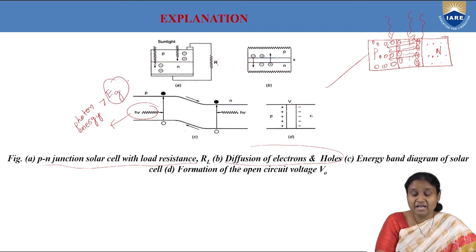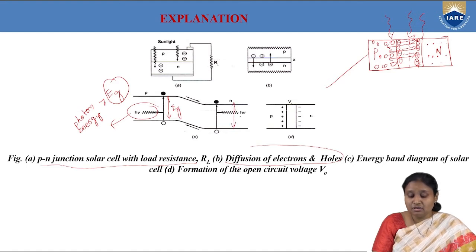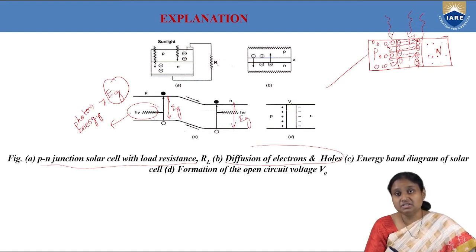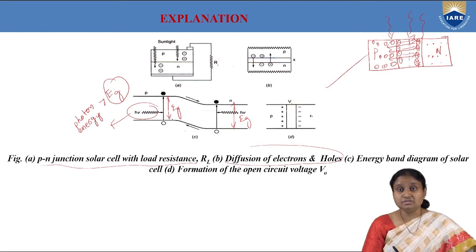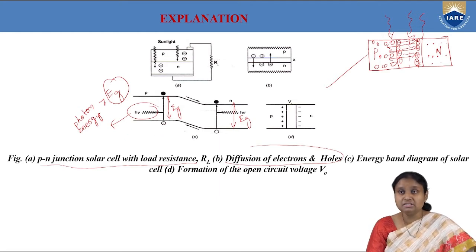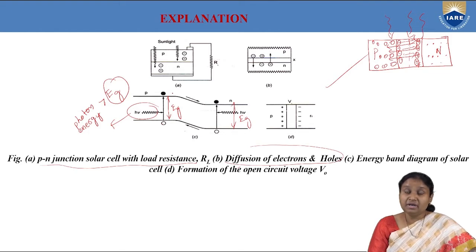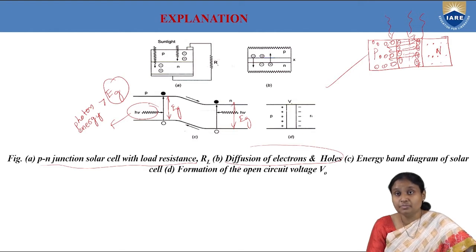What is Eg? Band gap. And what is the band gap? This energy difference is our band gap. Similarly, here is also the band gap inside the p-n junction, and we are supplying energy greater than Eg. So these charge carriers absorb that energy and go to their higher band, that is the conduction band, thereby resulting in formation of electron-hole pairs.